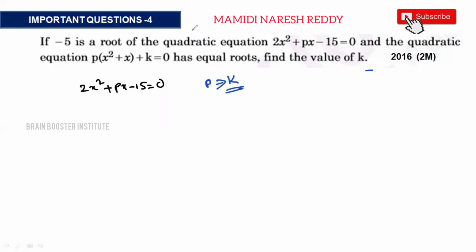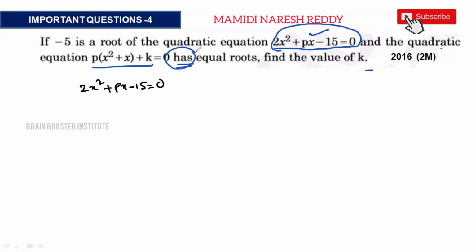So, my dear friends, if you understand this question, minus 5 is a root of the quadratic equation 2x² + px − 15 = 0. Did you get my point? Minus 5 is a root only for this equation, not for the other equation. And moreover, the quadratic equation p(x² + x) + k = 0 has equal roots.